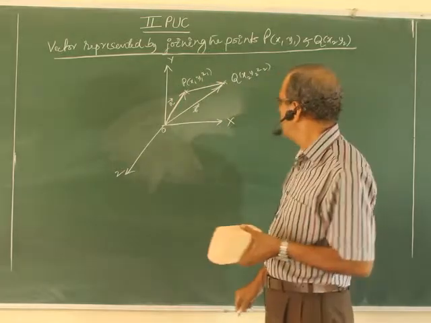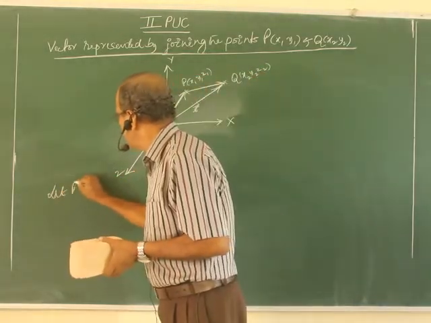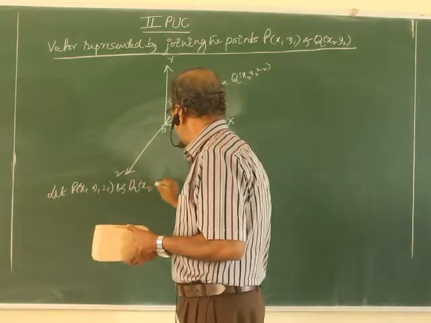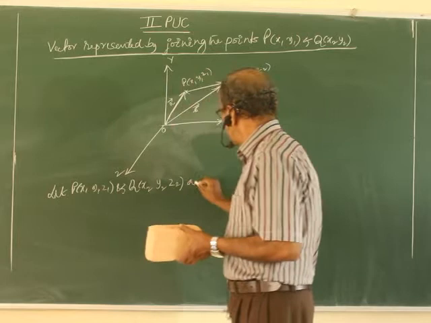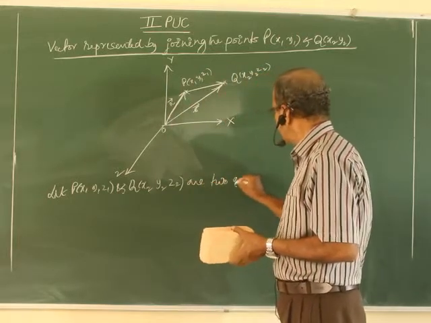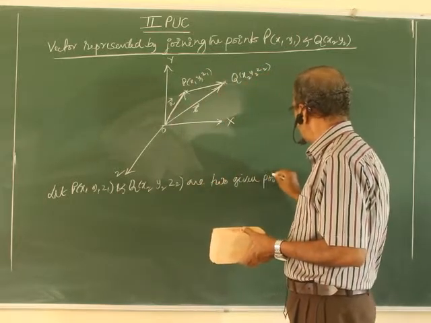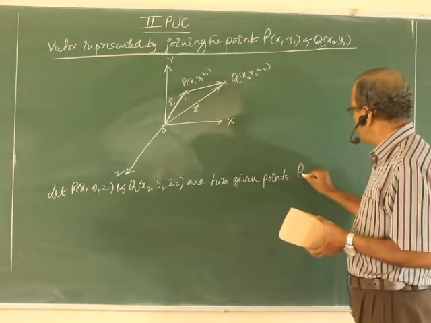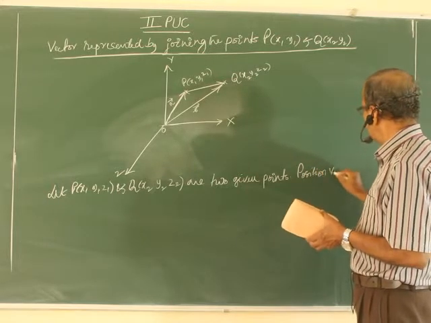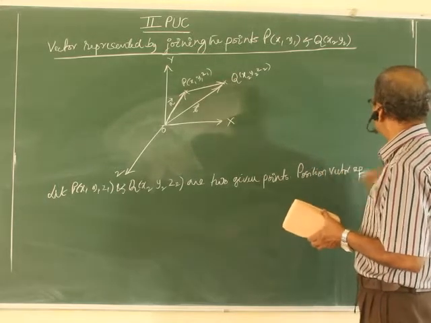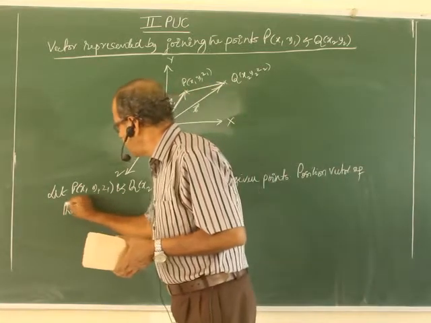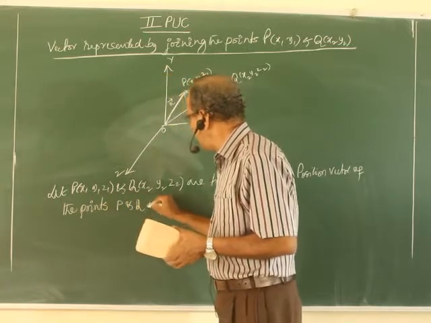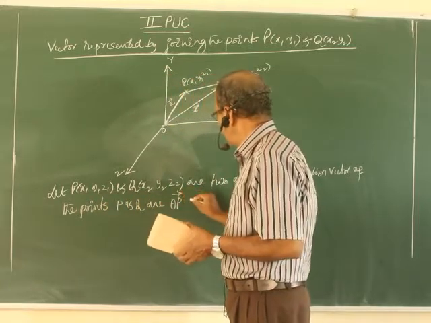That is the question. Let me write: let P(x1, y1, z1) and Q(x2, y2, z2) be 2 given points. The position vectors of the points P and Q are OP and OQ.